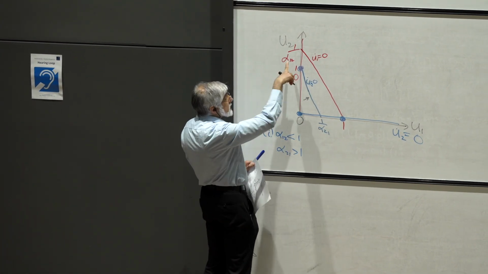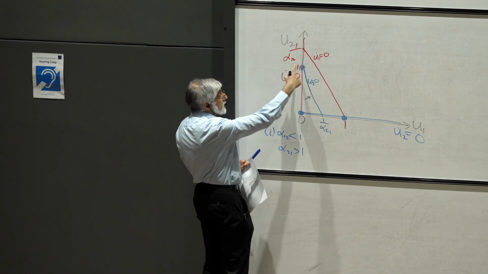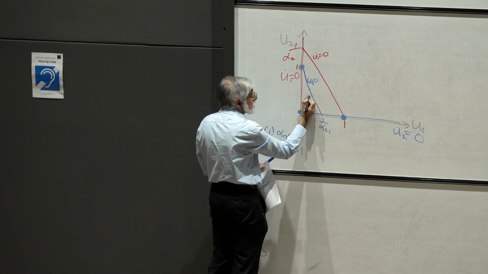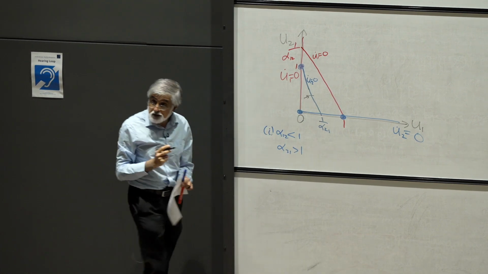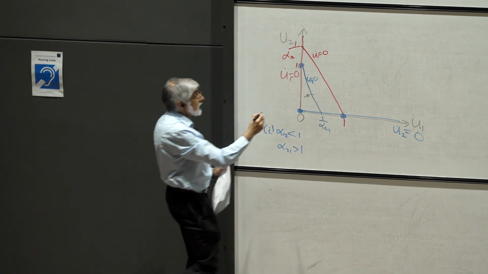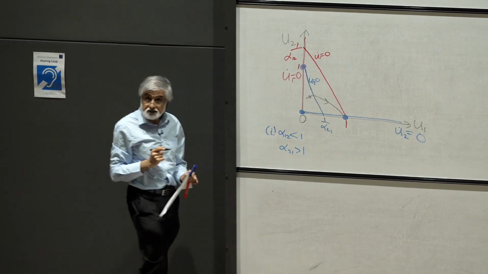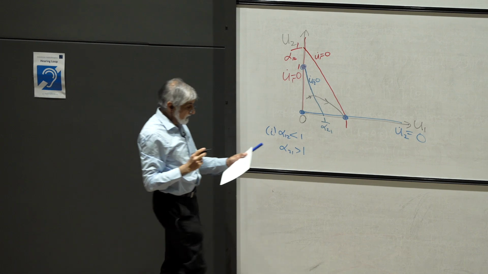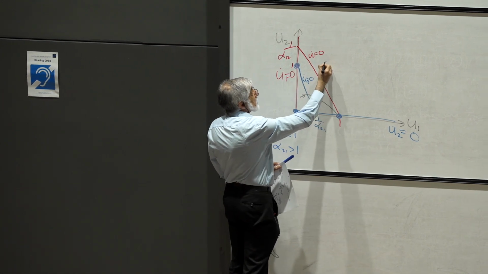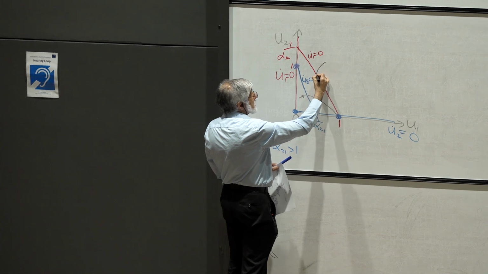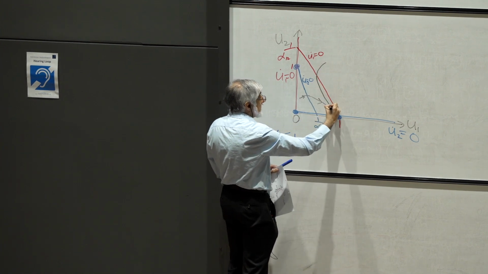We cross this line horizontally, because that's U2 dot equal to 0, and now U2 dot becomes negative, and therefore we go here. If we started off here, both are negative. We cross this vertically, U2 dot is still negative, and we go there.